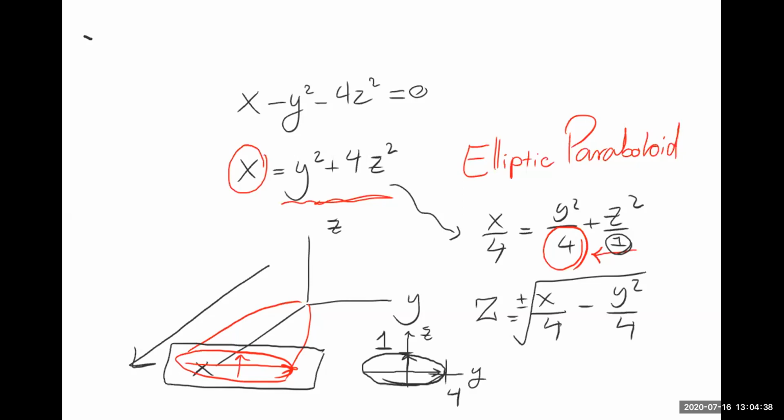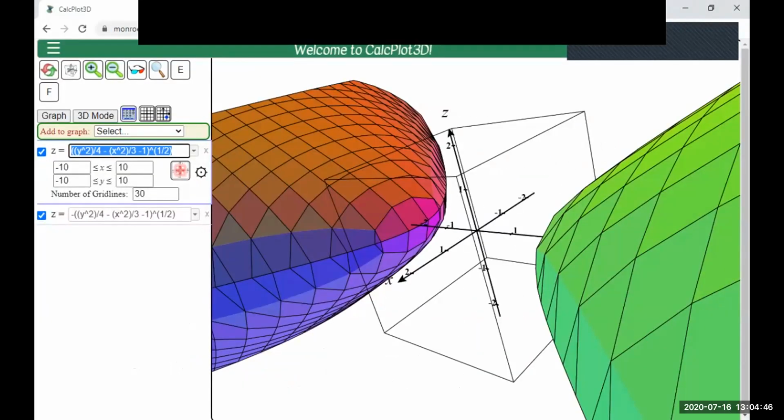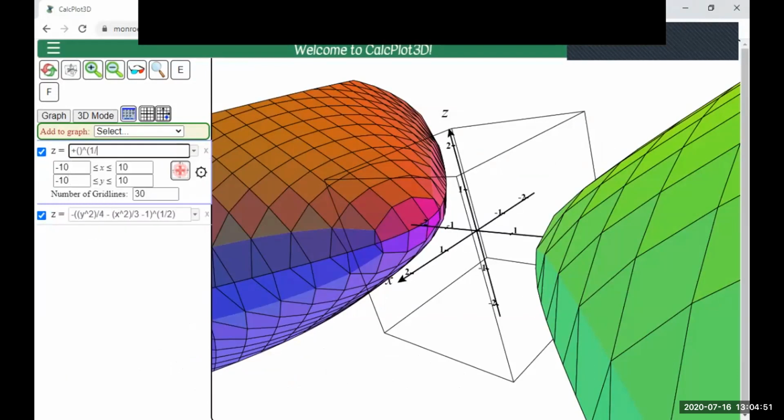So let me share my screen with you. Here z would be either plus or minus something to the power 1 over 2. What is that thing? That thing is x over 4 minus y squared over, well, one of them over 4. Let's say 1 over x squared over 4. That's one of them.